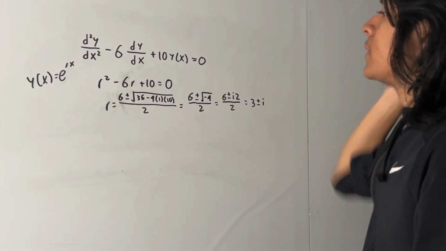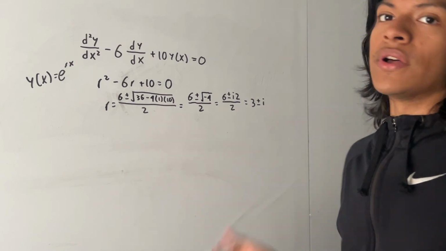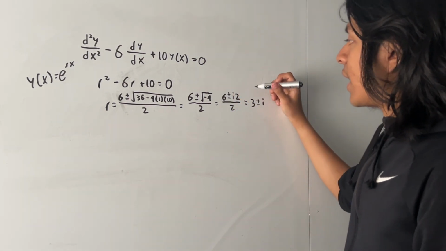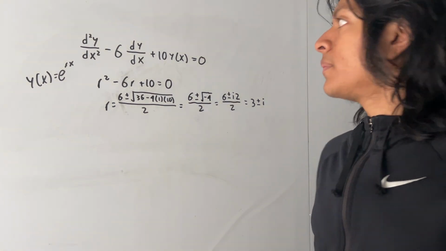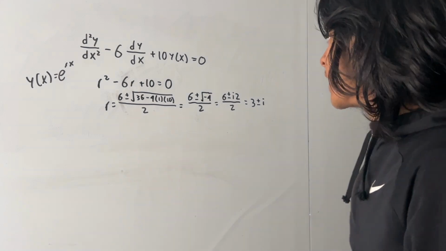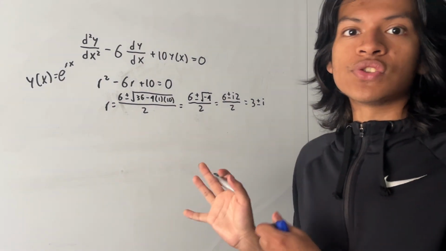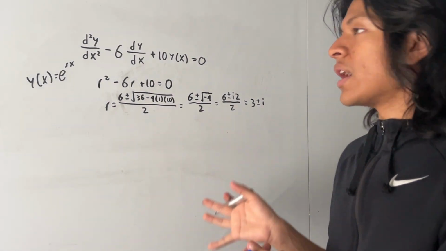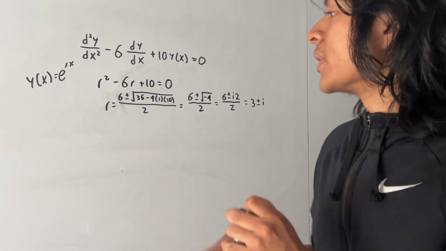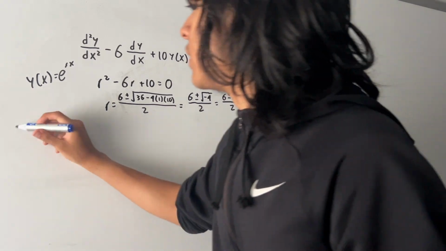Okay, so these are our two values for r. Because it doesn't matter which is plus or which is minus, we're just going to spot what number is our alpha and what number is our beta. So I should probably write the solutions.